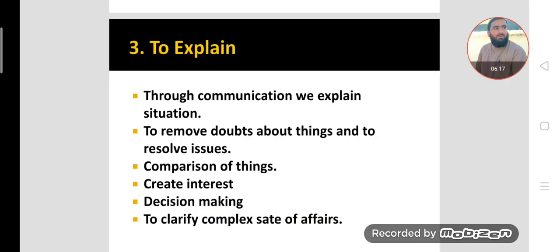For example, there is a doubt between student and teacher. There is something wrong. When we communicate, we can explain the situation and remove the doubts. The dubious situation we can clarify through communication. Clarification needs what? Explanation.